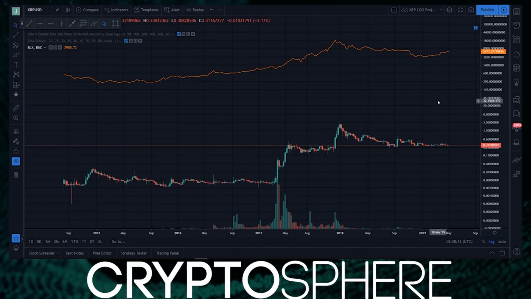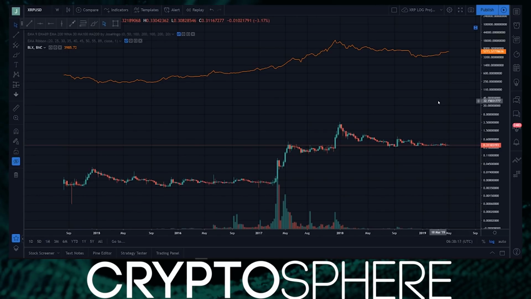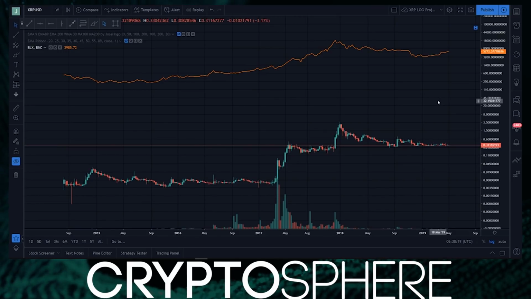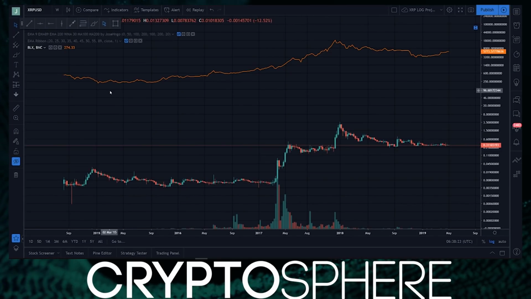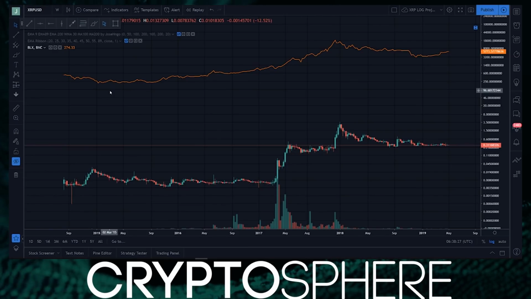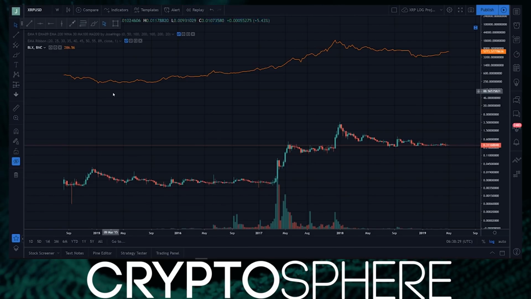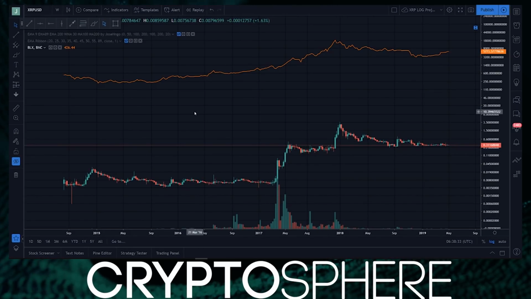Some people have said everything moves because of Bitcoin. So I'm going to quickly cover that. I see that XRP does follow Bitcoin to an extent, but it oscillates differently or lags. It's just kind of interesting.